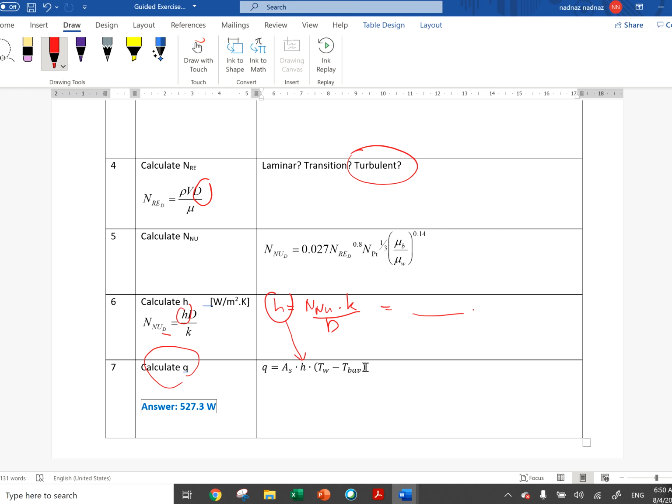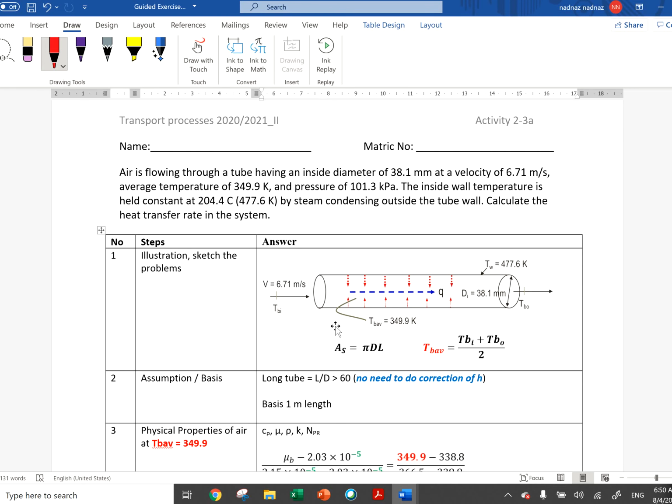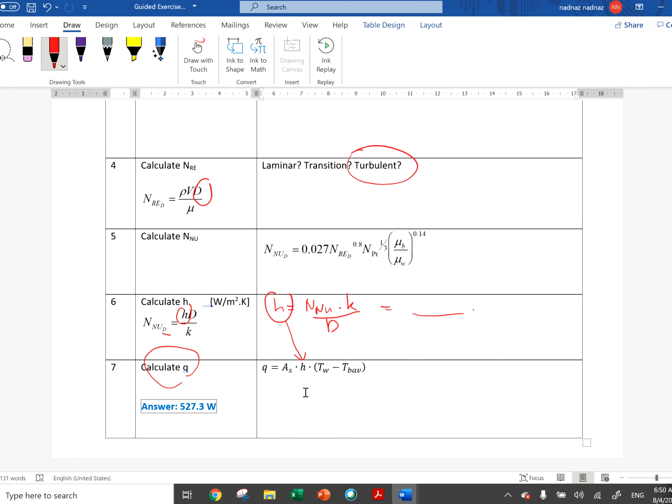The temperature difference is between the T-wall and the TB average, which is the average temperature inside this tube. From there you can obtain your Q, and my answer is 527.3 watt.